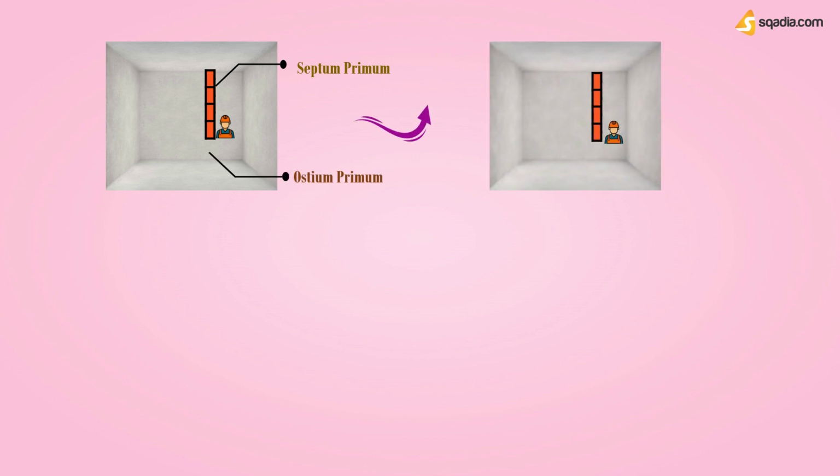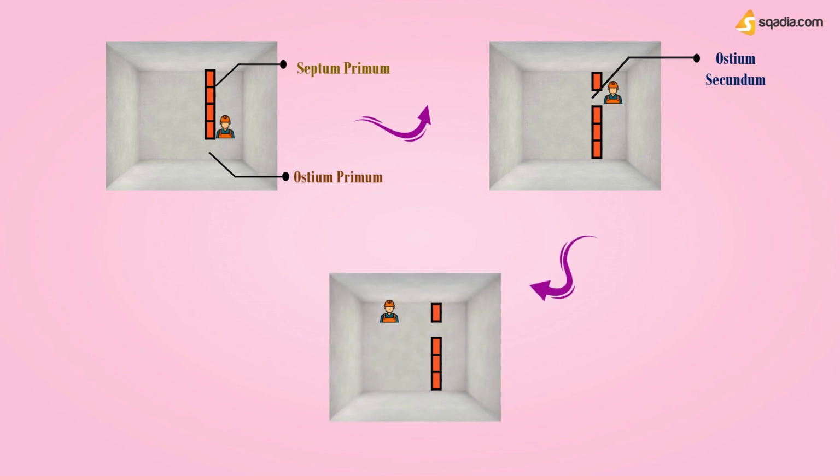Now, I decided to build a wall of full length. So I add more bricks and I build a full-length wall. Now I decide to build a window in it. This window is called the ostium secundum. I decide to build one more wall to cover that window.